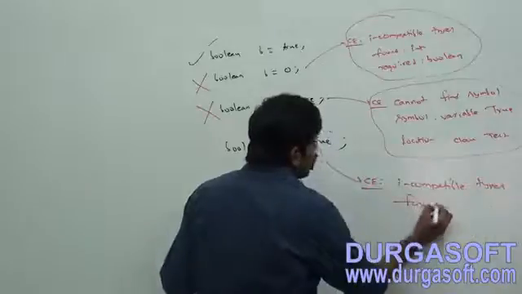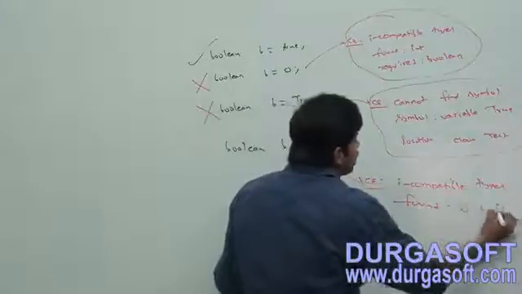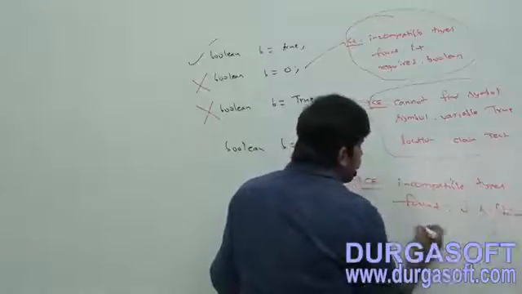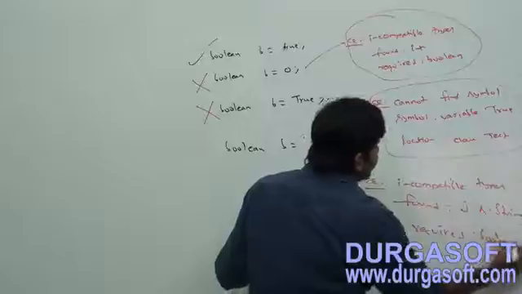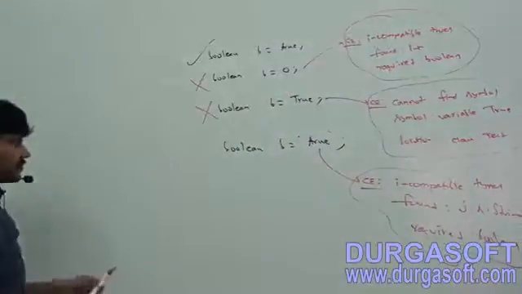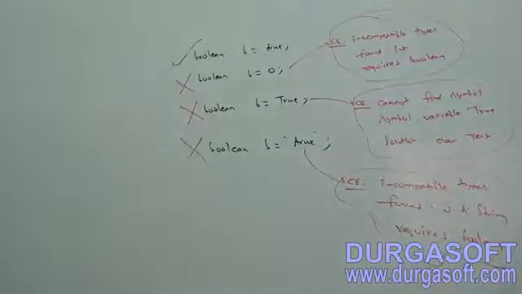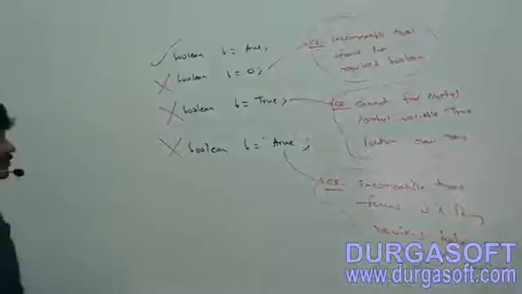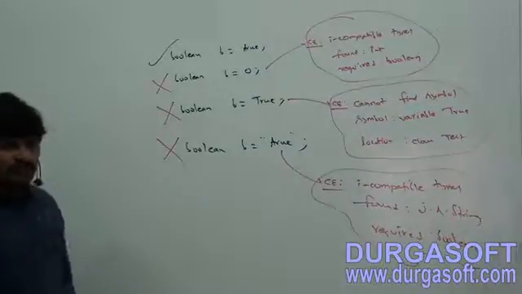Incompatible types: found java.lang.String, required boolean. That is the compile time error we will get. I hope you got all these things. Boolean literals: the only allowed values for the Boolean type are true or false.